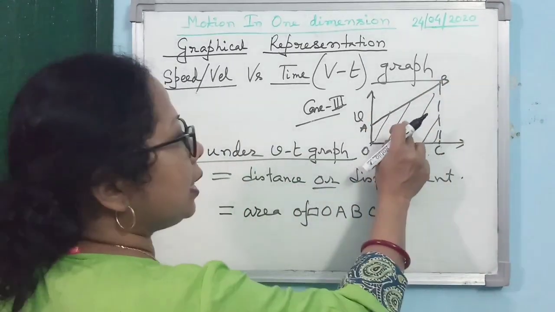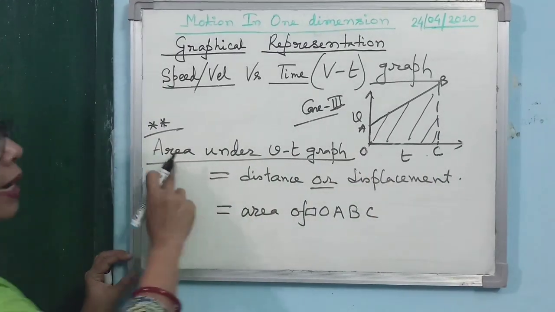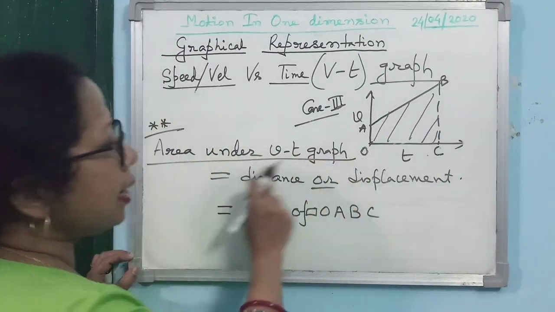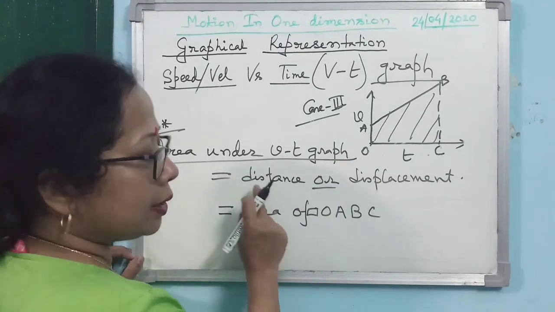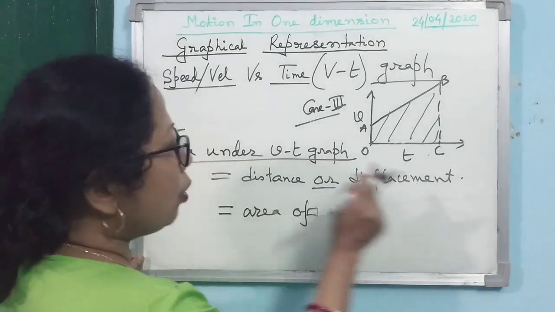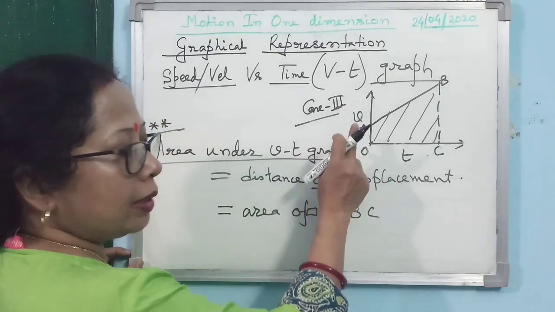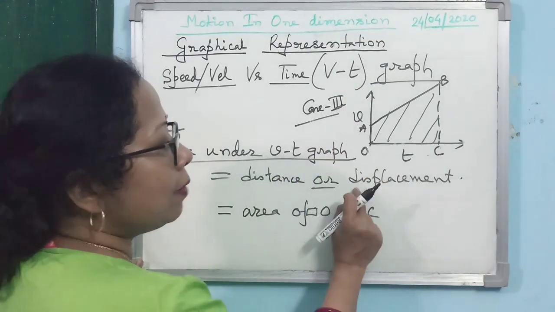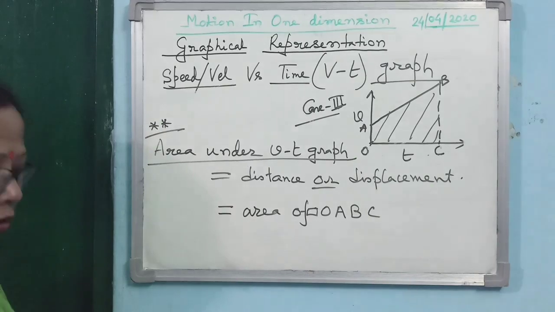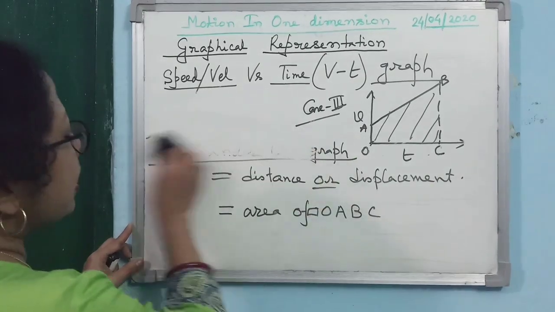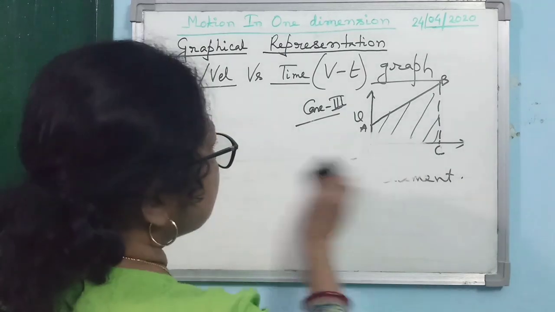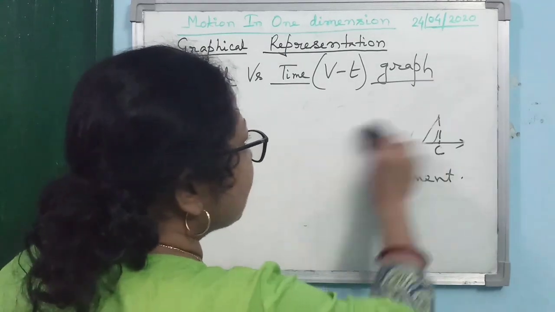That closed area is considered the area under the VT graph, and it represents distance or displacement. It is distance when you are plotting speed, and when you are plotting velocity, it gives the measure of displacement. So this is the third case, where the velocity time graph is a straight line.